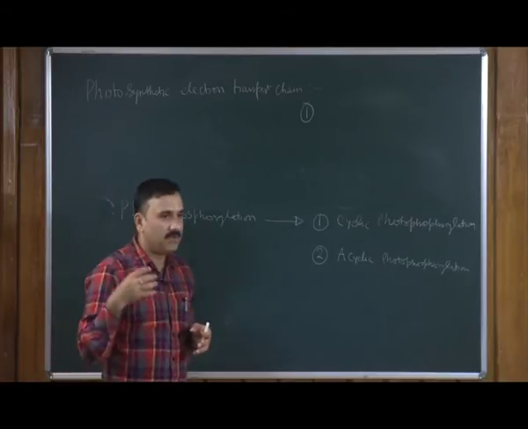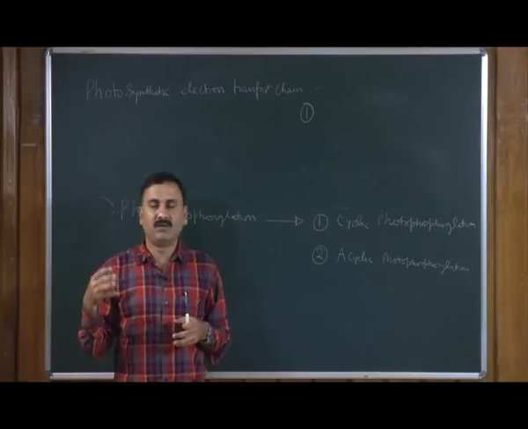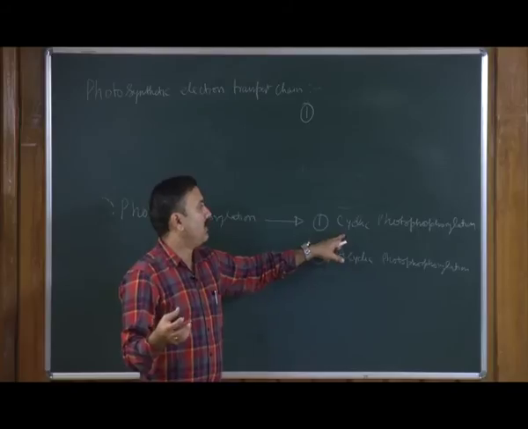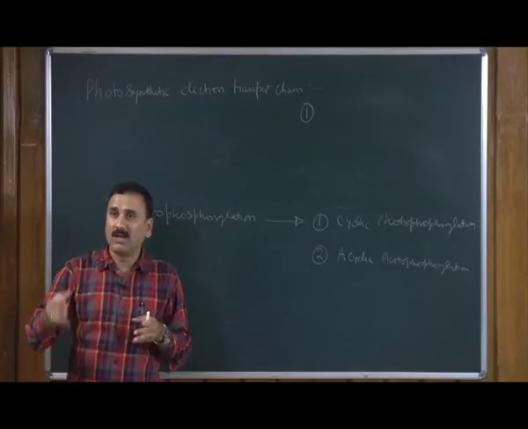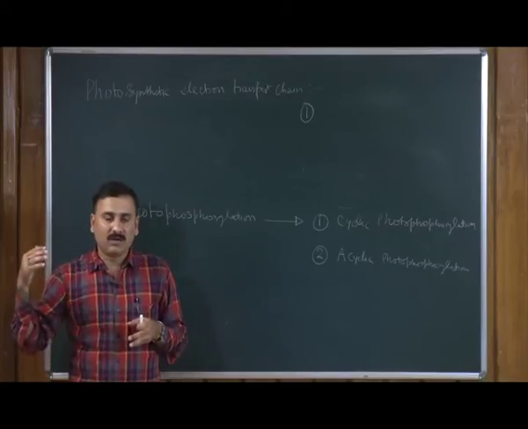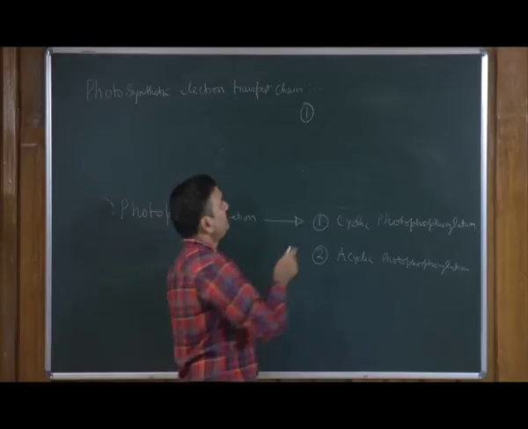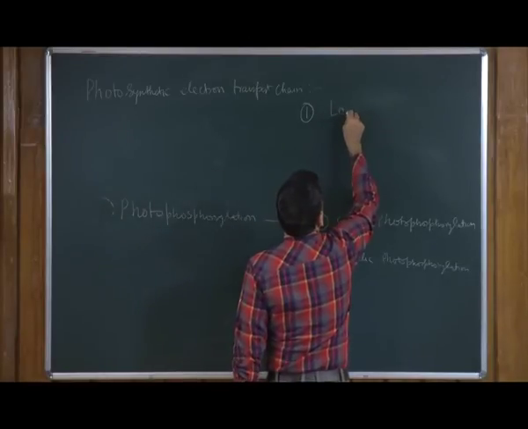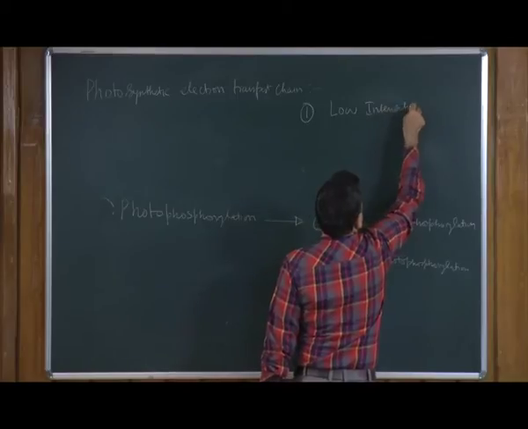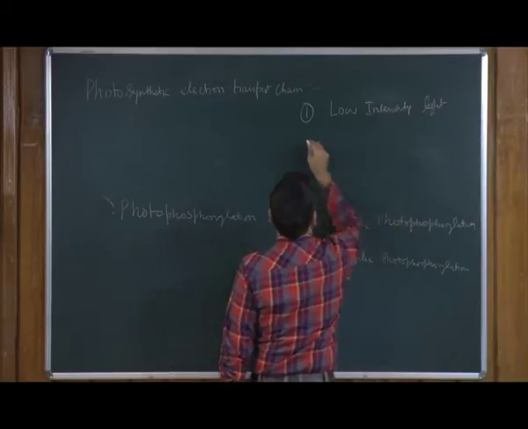In the absence of bright light, when high energy photons are not coming from the sun, the cyclic photophosphorylation operates so that it can provide a low level of ATP to continue the chemical reactions. So, low intensity light.